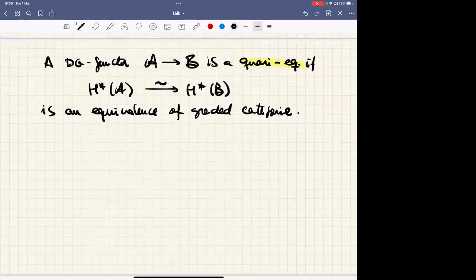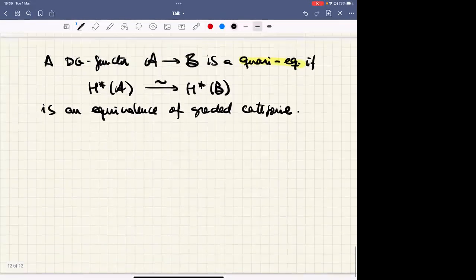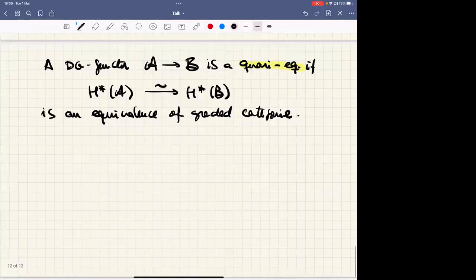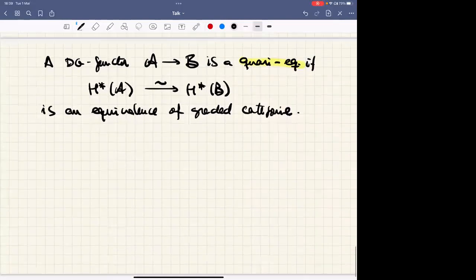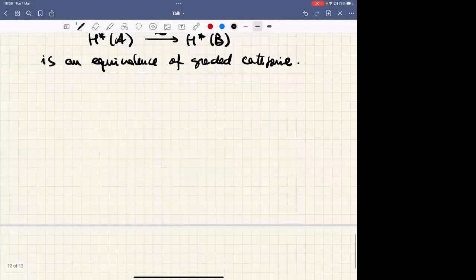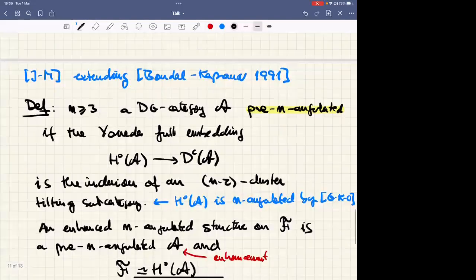And two categories are DG or quasi-equivalent if there is a zigzag of quasi-equivalences between them. Now we can state the theorem, which will be very much the same as this one.